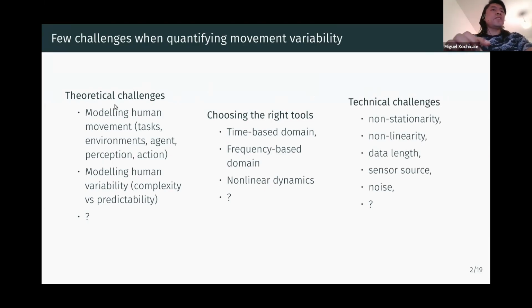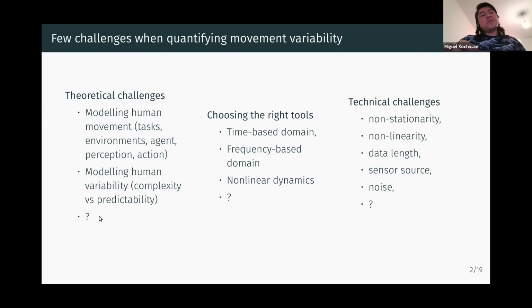Related to the theoretical challenges, there are quite a lot of models for modeling movement variability, considering tasks, environments, agents, or perception and actions. So there are quite a lot of variables that can be used for modeling human movement, as well as human movement variability, such as complexity and predictability.